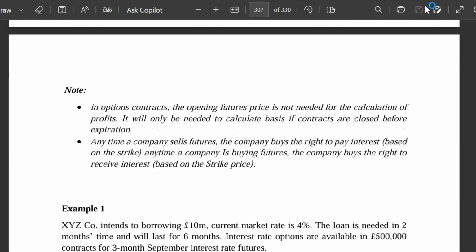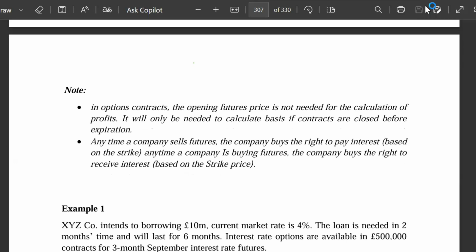So you have a note here. In option contracts, the opening futures price is not needed for the calculation of profit or loss. It will only be needed to calculate your basis.